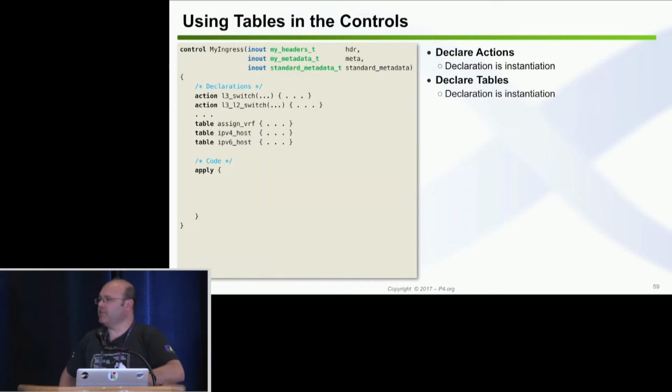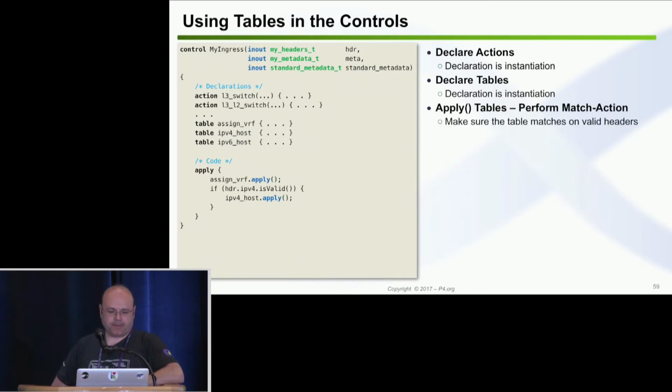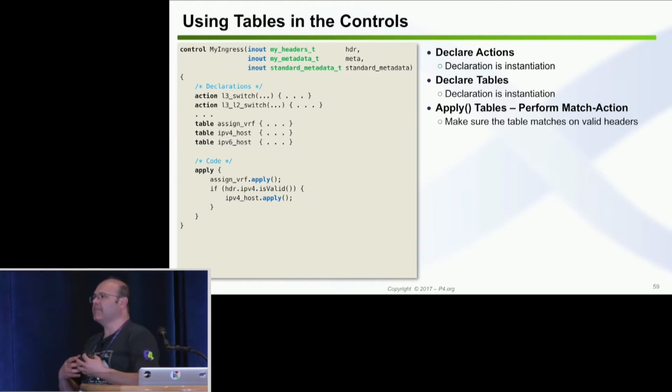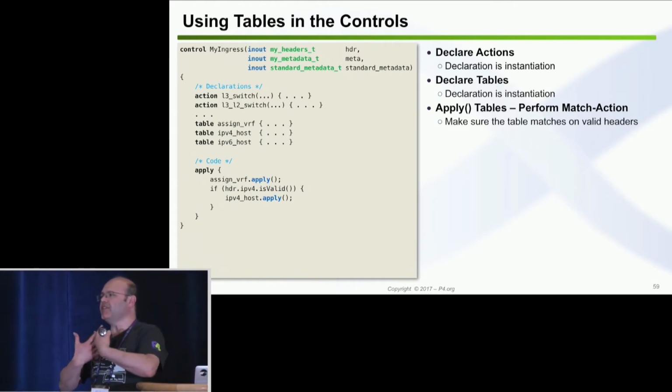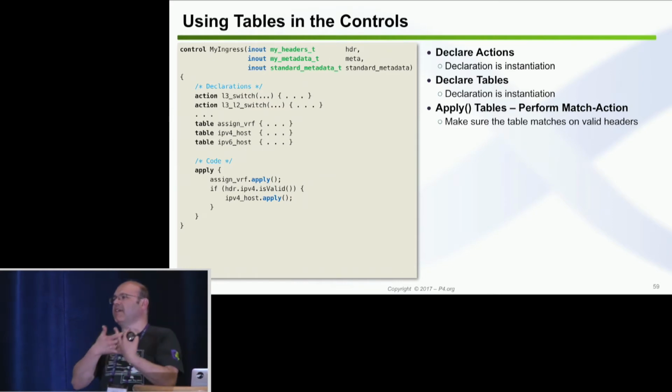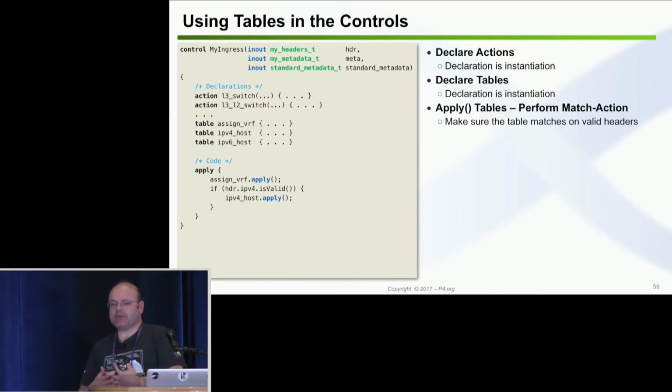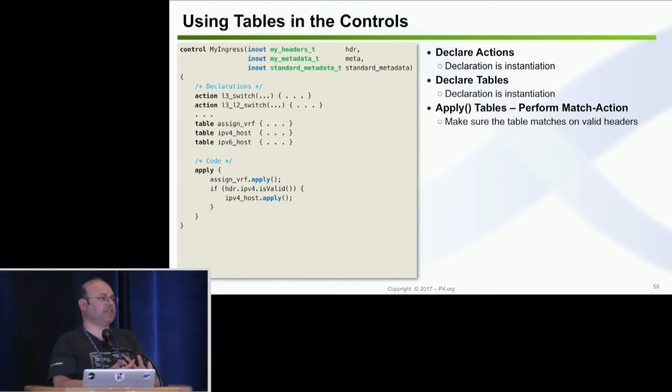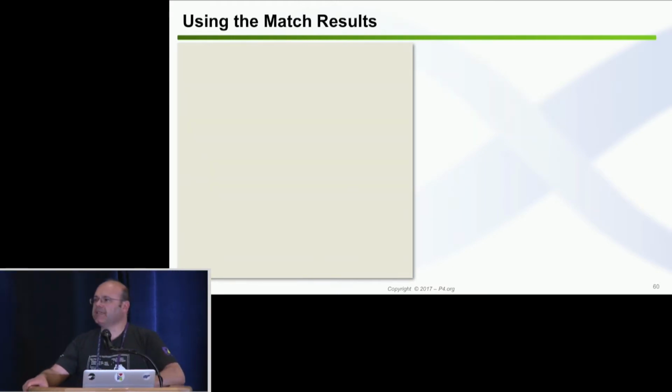To reiterate, in order to perform a match action, what we need to do is apply the table. Now, when we perform the match action, there are some results that are generated, which I would call meta results. One of them is, was there a hit or miss? And the other important result is actually the action that was chosen. To do that, there are special methods that can be used as a result of this apply.